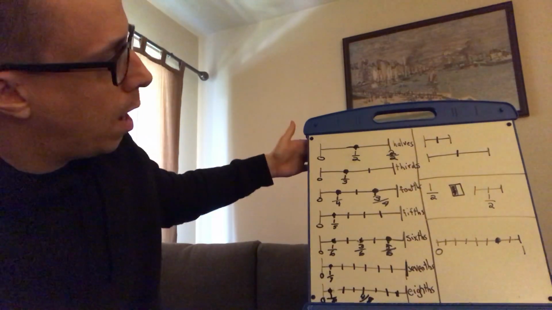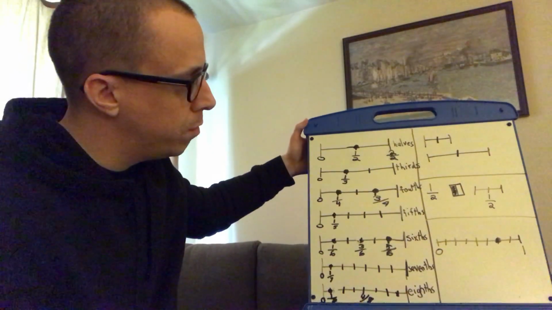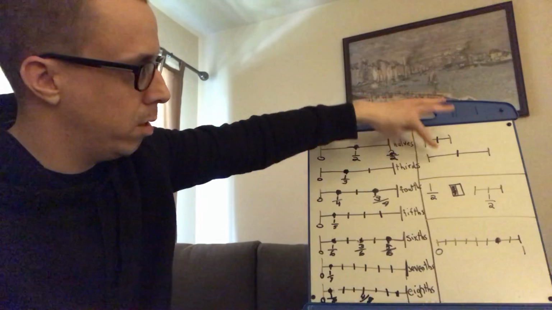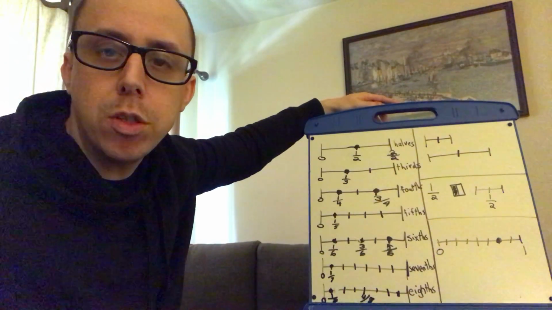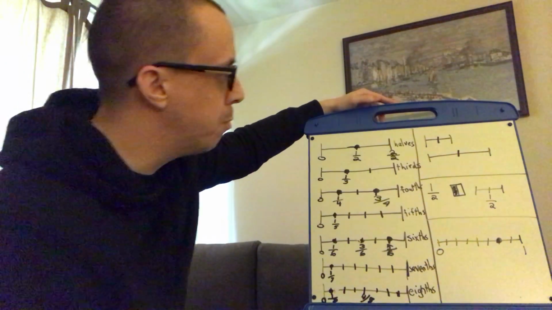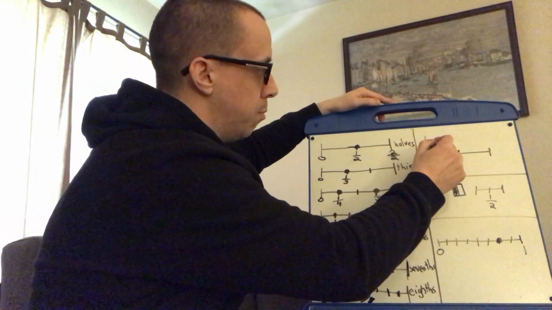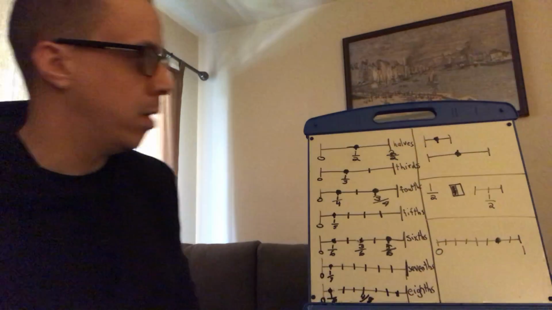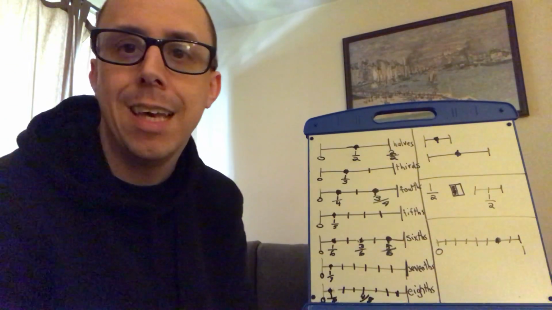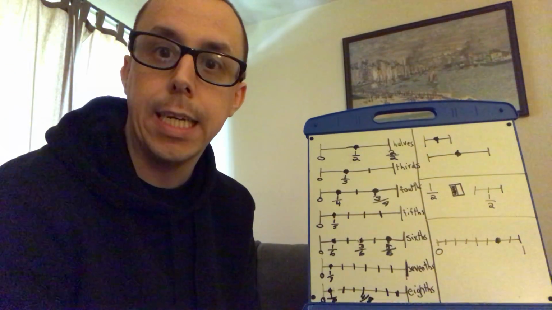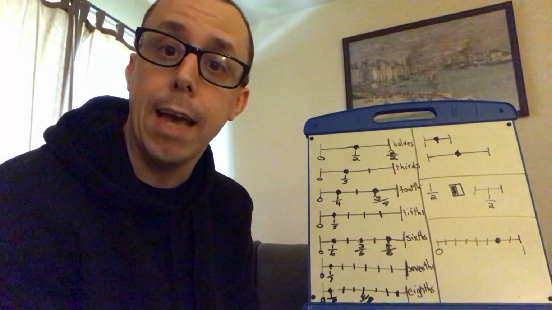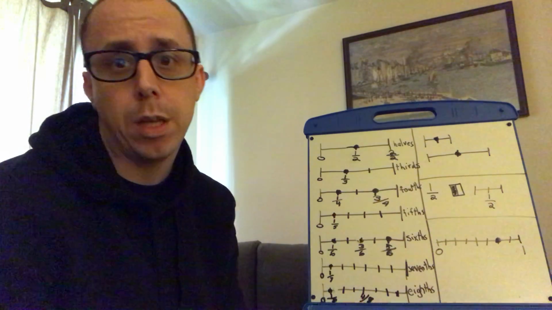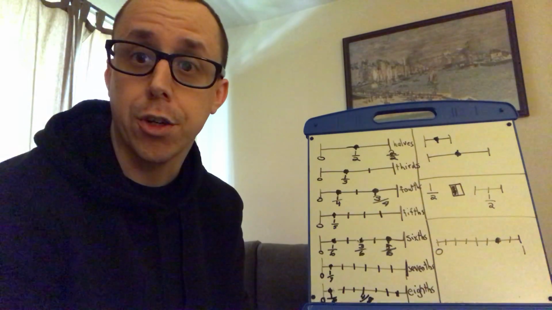Okay, and now I might ask you, which of these 2 students, student A or student B, represented 1/2 properly? If you guessed that each student represented 1/2 properly, but their number lines are different sizes, then you're correct.